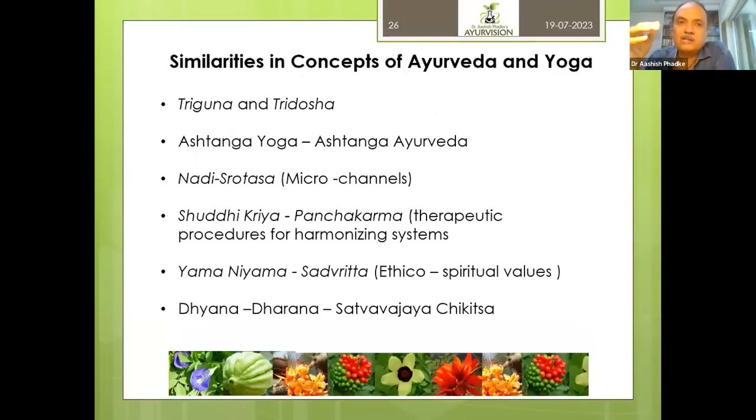But if we really see, there are a lot of similarities in Ayurveda and Yoga, like Triguna and Tridosha, Ashtanga Yoga and Ashtanga Ayurveda. Then Nadi, the concept in Yoga, and the Srotasa or microchannel concept in Ayurveda, the Chakra concept in both Yoga as well as Ayurveda, then Shuddhi Kriya in Yoga and Panchakarma in Ayurveda.